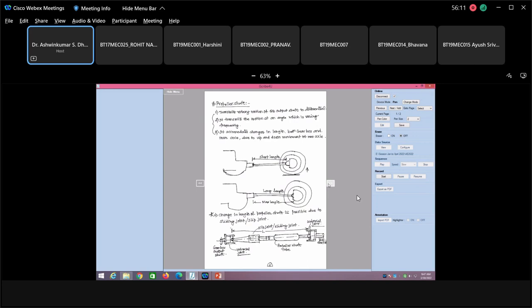So please understand that a propeller shaft over 1.5 meter length between universal joints causes an unbalance problem.